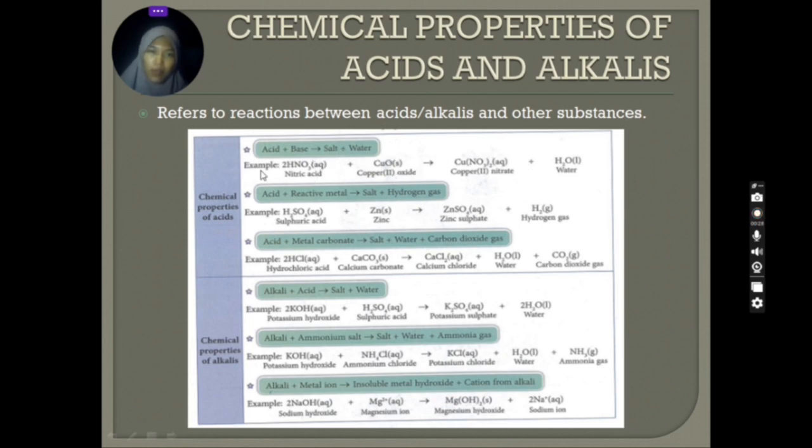This is an example for it. Nitric acid reacting with copper oxide, producing copper nitrate and water. Next, acid reacting with reactive metal produces salt and hydrogen gas. And we also have acid reacting with metal carbonate, which produces salt, water and carbon dioxide gas.